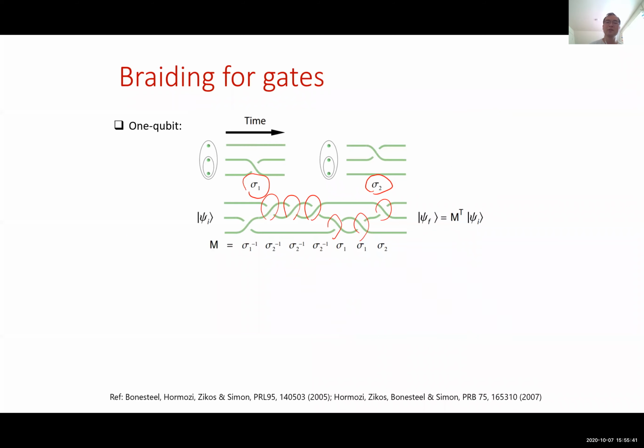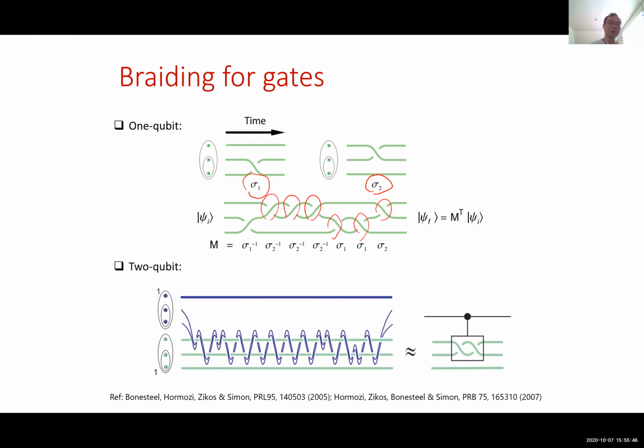Okay, so I mentioned the 1 qubit gate. You could also do the 2 qubit gate. And you take 3 anyon as a group, and you have 2 groups of them, so you have 2 qubit.